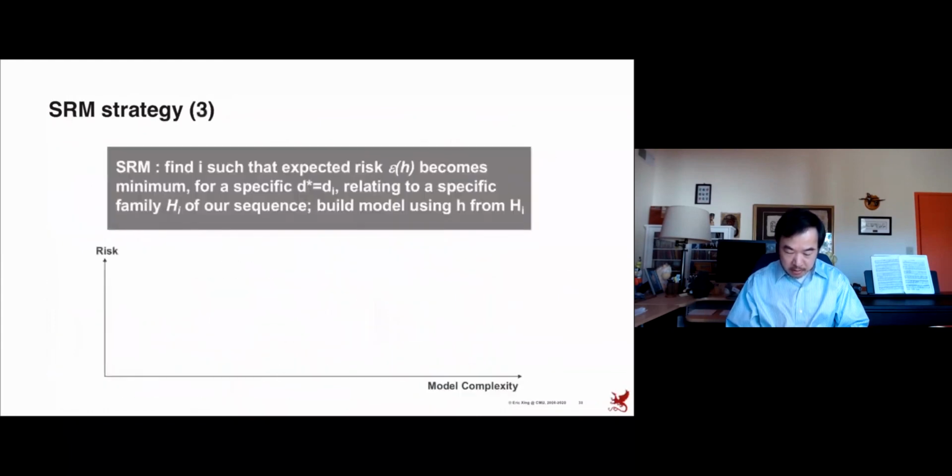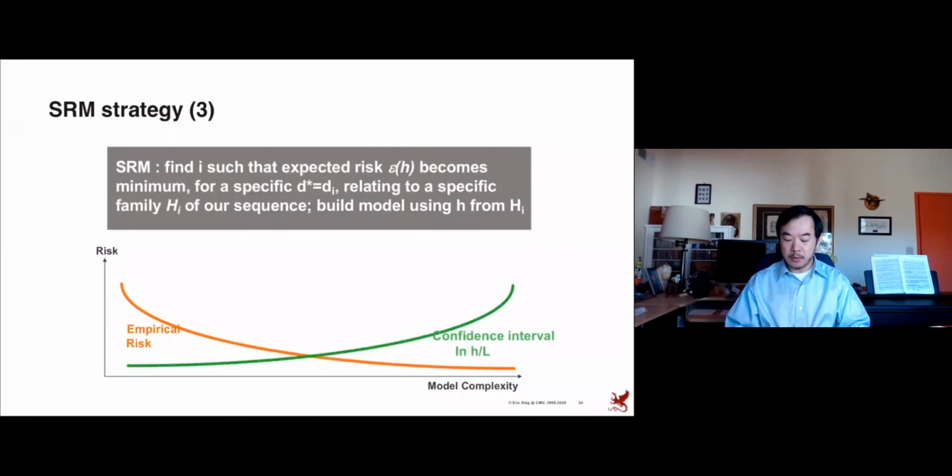I was looking at a curve. Yeah. So this actually tells you some behaviors, right? On the one hand, you want to select an H and train it so that it reduces the empirical risk. But on the other hand, when you are choosing greater and greater model complexity, you actually are going to widen the confidence interval between the true error and the empirical error.